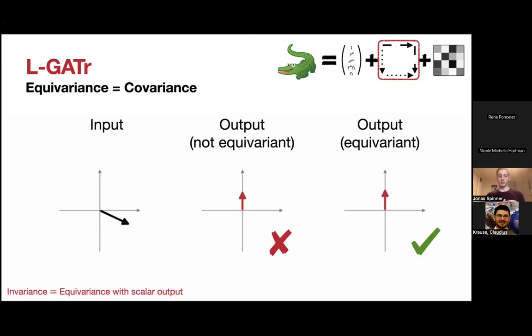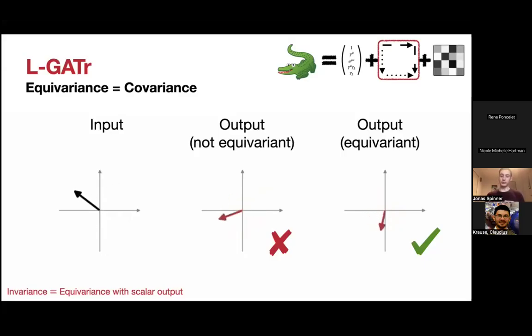And again, we have our input vector, and now the output vector is the same, because both the non-equivariant model and the equivariant model get the same output vector. But now if we rotate the input vector, then the output vector of the not equivariant model behaves really weirdly, somehow transforms, but not in the way we want it to transform.